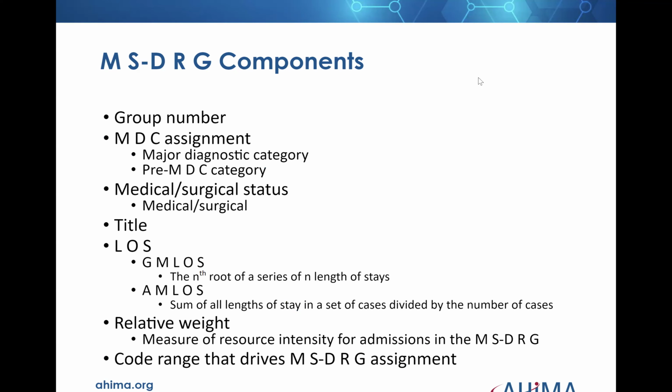So we've assigned our major diagnostic category, if you will. We do some pre-diagnostic category work. And we look at the length of stay, and this gets back into health statistics. We have an arithmetic length of stay, which is basically the average that we all know of, where we sum all the lengths of stay and divide it by the number of cases.